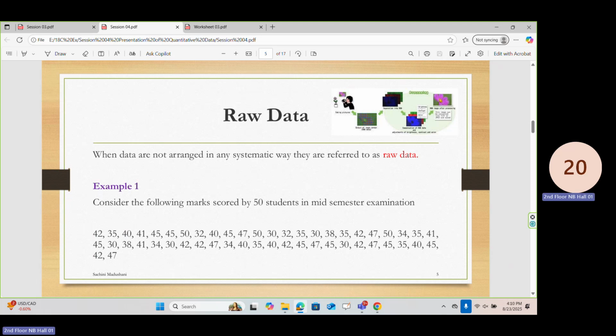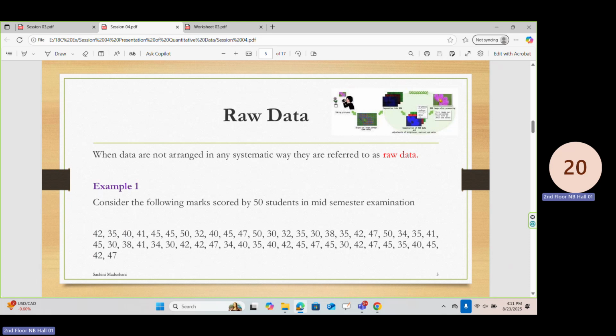When we first collect the data and have no arrangement, we call it raw data. We collect the marks for the statistics subject from intake 18, then list down the marks for each student. This is raw data.